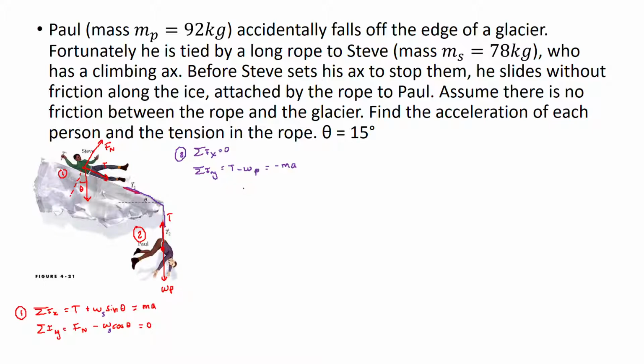So from the first part, T plus the weight of Steve sine of theta is gonna be mass of Steve times acceleration. So T is gonna be equal to mass of Steve times acceleration plus gravity sine of theta.